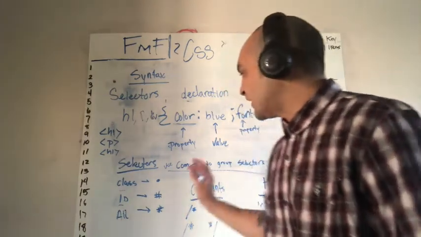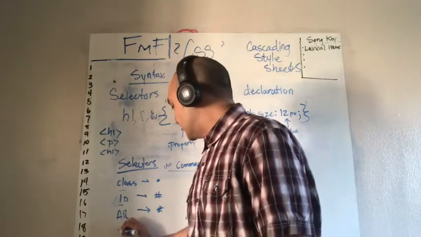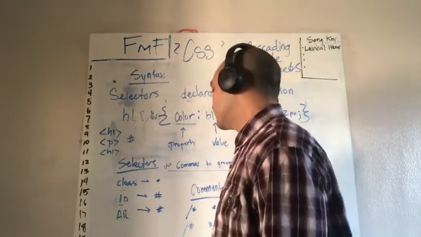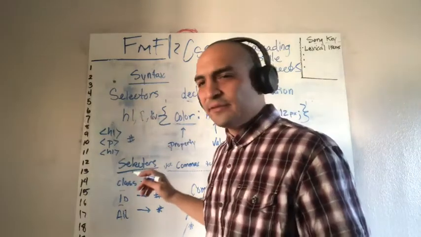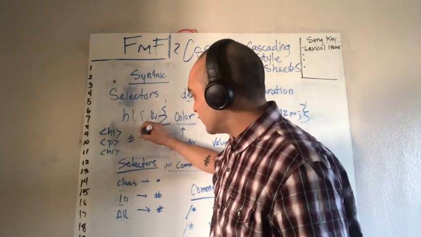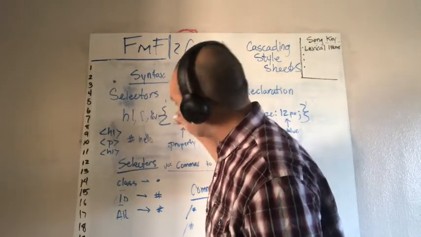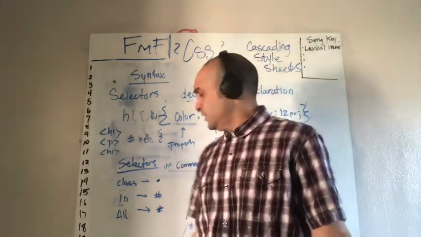There are also things you do with selectors by selecting all. If you use a hashtag, or octothorpe, you're going to be selecting the ID. Whatever the ID is in your HTML, we'll just call it hello, it doesn't really matter, because your IDs are going to be named whatever their name is.